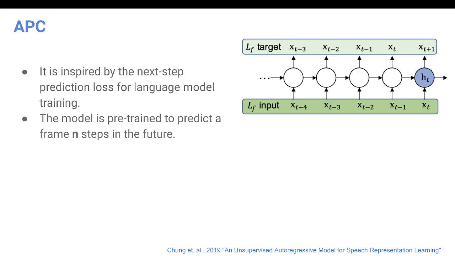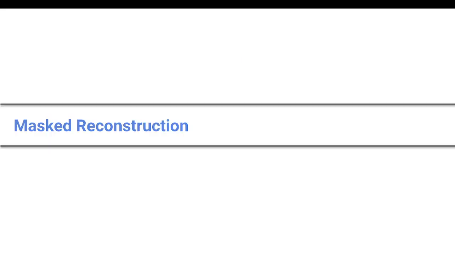But given that speech is smooth, you do not want to predict just the next time step. This algorithm predicts frames several steps in the future to force the model to learn something about the structure of the speech signal. It was found to help in content-related and style-related tasks, and it inspired a lot of follow-up work in generative approaches.